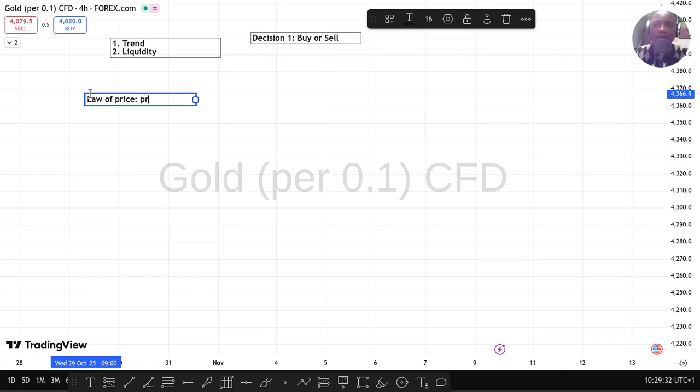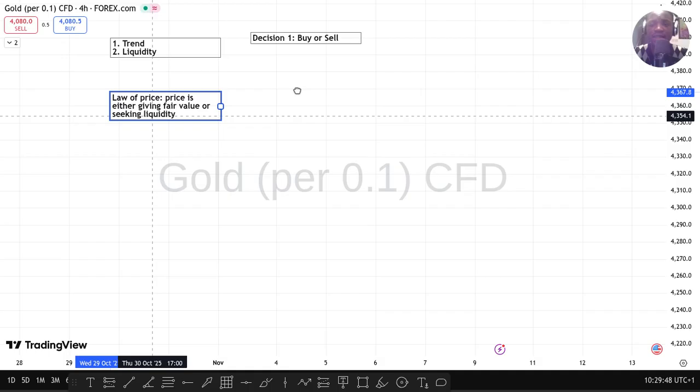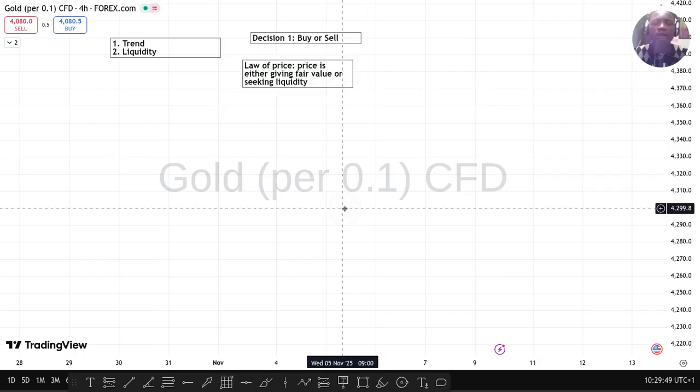So price is either giving fair value or seeking liquidity. Now, what does this mean?